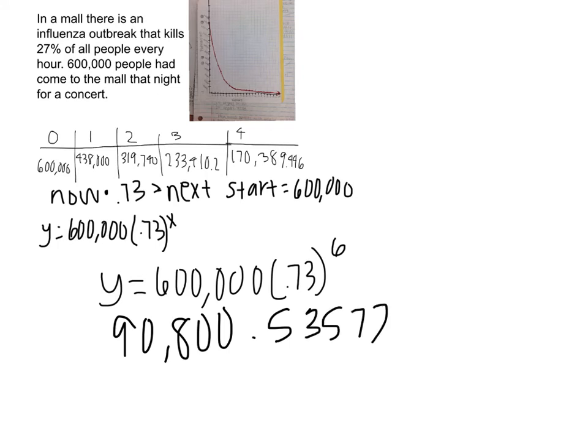But again, you cannot have part of a person, so the answer would be 90,801.